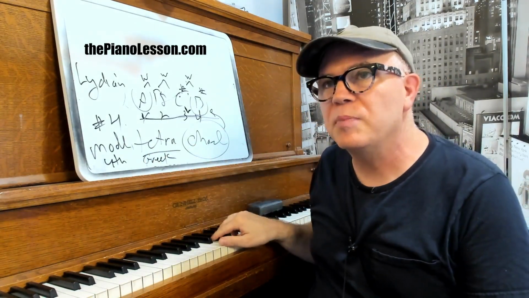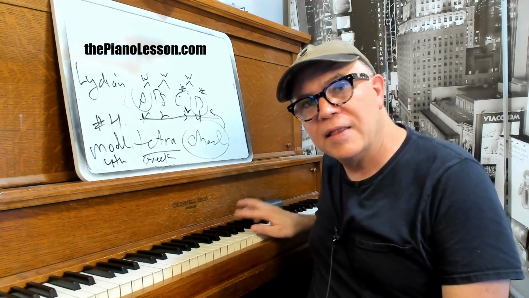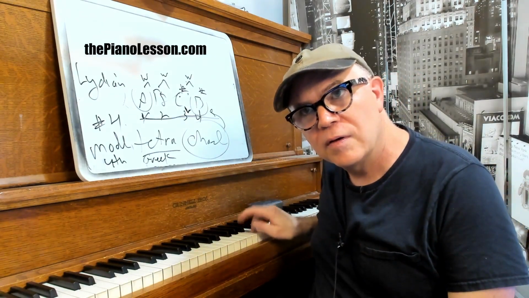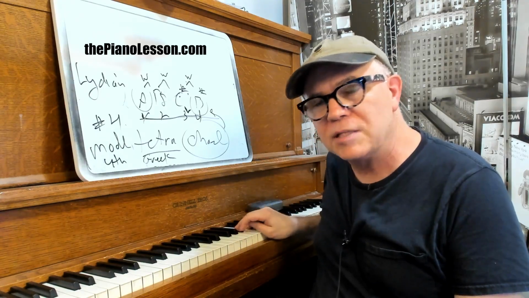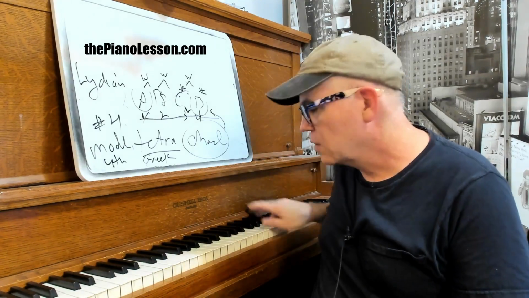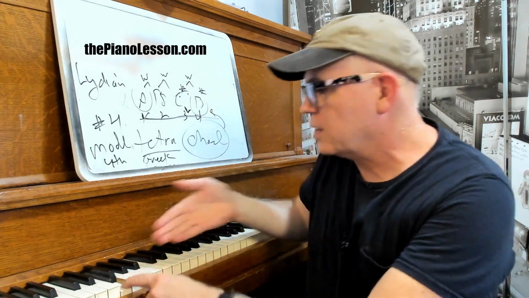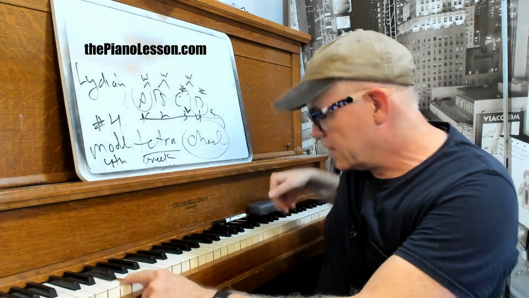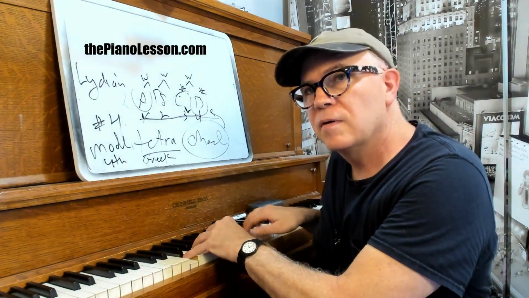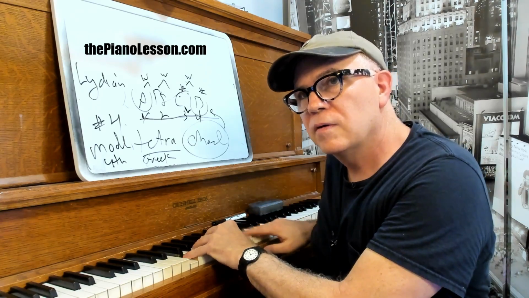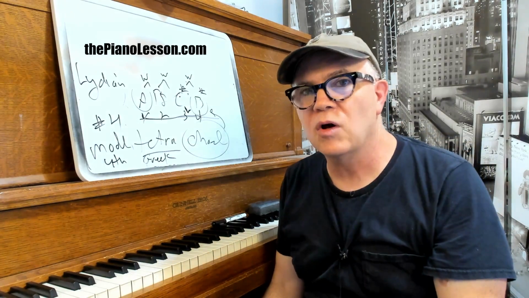An example would be C, D, E, and then F sharp. Not F, that's major. This has this wonderful ethereal sound. And it's also useful in understanding whole tone scales.